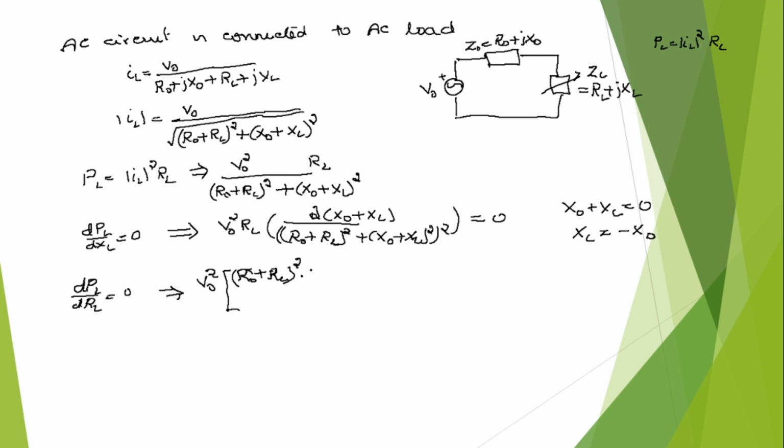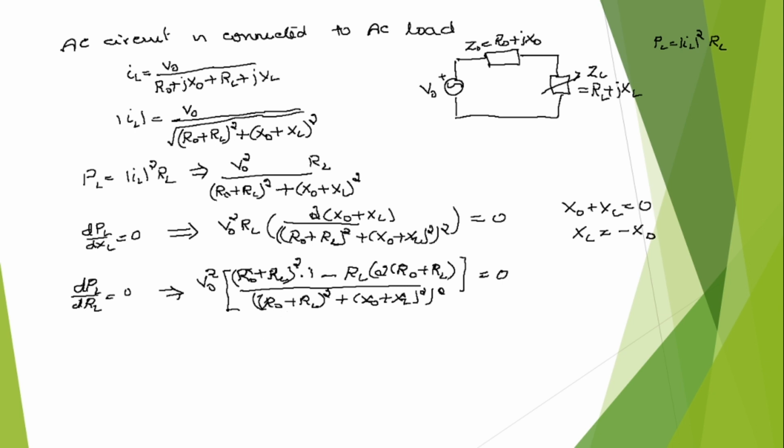Into the differentiation of RL, which is 1, minus RL into 2 times R0 plus RL, divided by R0 plus RL square plus X0 plus XL square whole square, equal to 0.